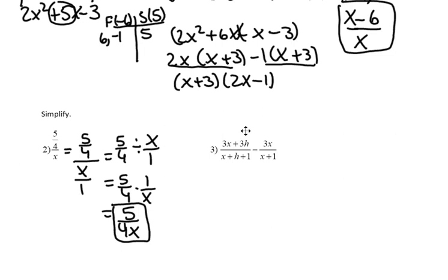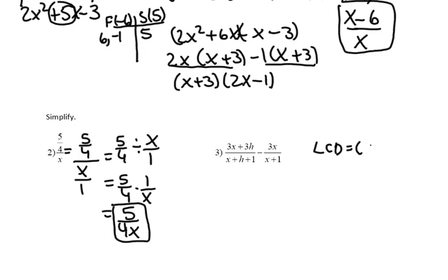Yes, common terms, but no common factors. So the LCD for this particular problem is going to be x plus h plus 1 times x plus 1. Now, what does that mean? This is going to be my new denominator for each fraction.